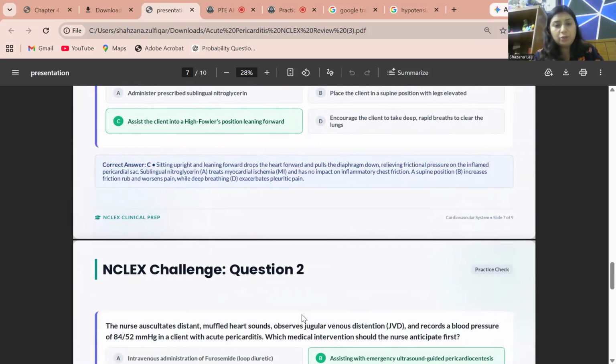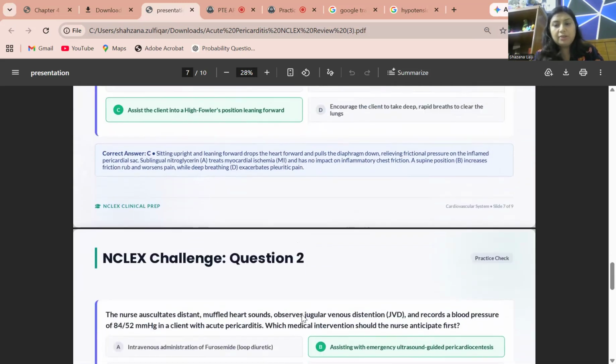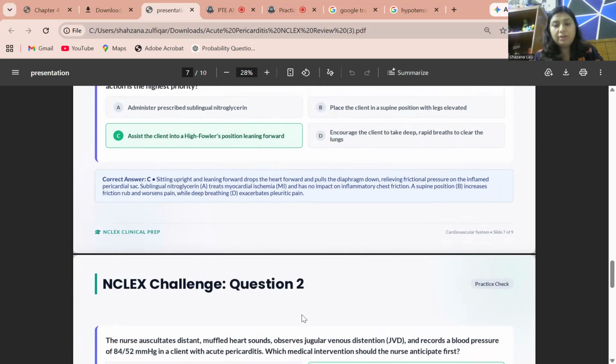The second question: first answer the question without seeing any option. The nurse auscultates distant, muffled heart sounds, observes jugular vein distension, and records a blood pressure of 84 by 54 in a client with acute pericarditis. Which medical intervention should the nurse anticipate first?